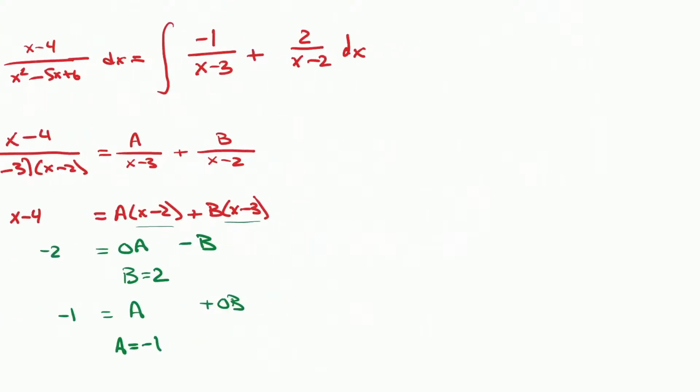Okay, so now the rest of this is just doing the antiderivatives. And these antiderivatives are nice and easy. You get negative natural log of x minus 3 plus 2 natural log of x minus 2 plus c. And then if you want to be cool, which you don't have to be, box this. This is perfect.